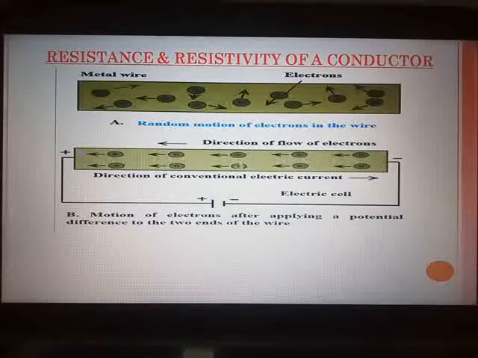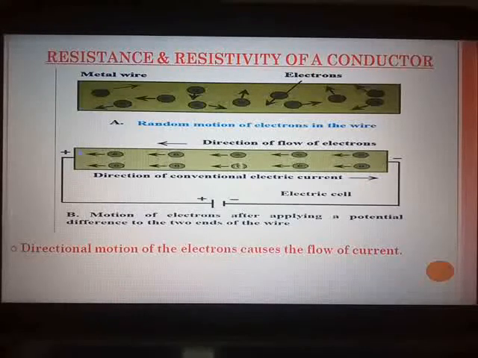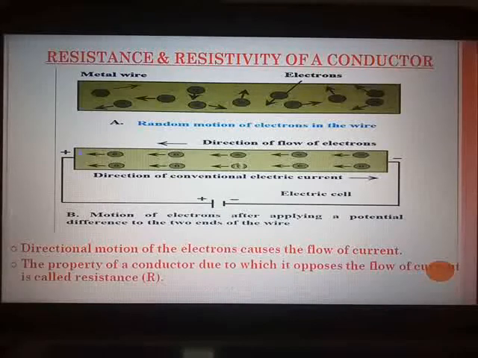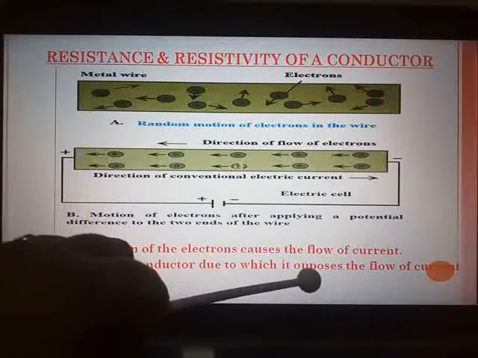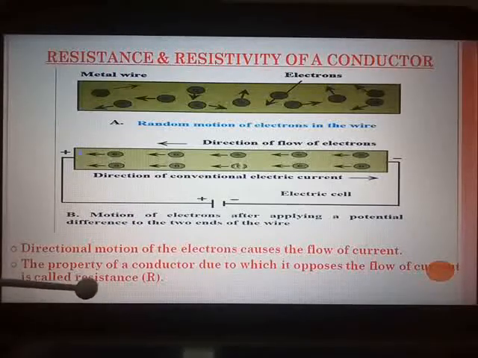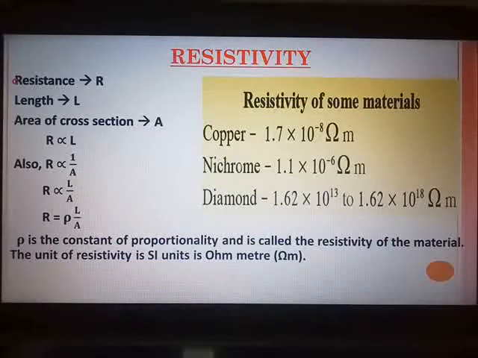This hindrance is called the resistance of the conductor. So in short, the property of a conductor due to which it opposes the flow of current is called resistance, denoted by capital R, and you all know the SI unit of resistance is ohm. The next topic is resistivity.